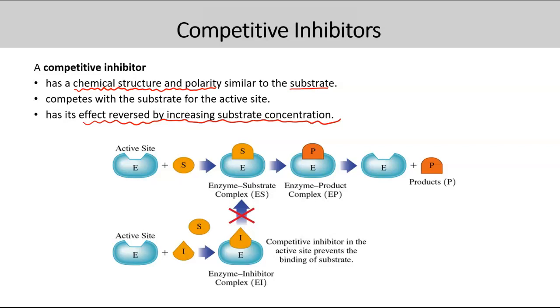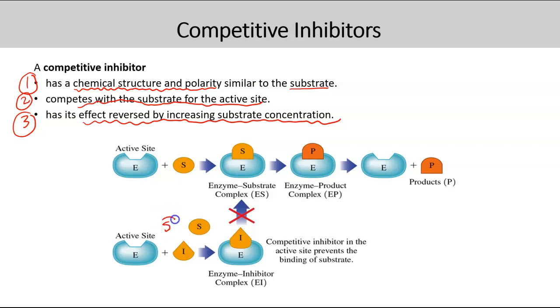These are very important for you to note down. Number one, they have the same or similar chemical structure and polarity, and both the competitive inhibitor and the substrate compete for the same active site. Number two and three, the effect can be reversed by increasing substrate concentration.